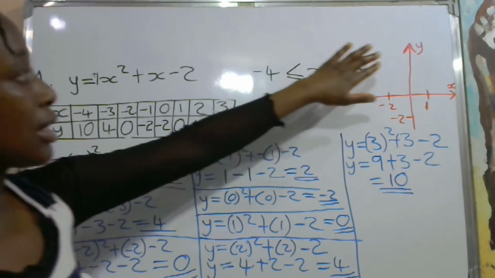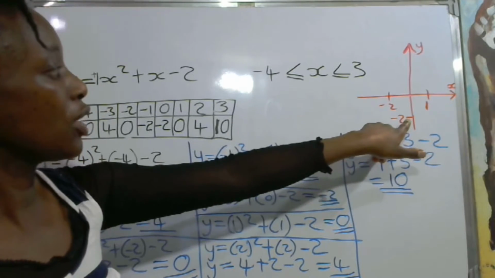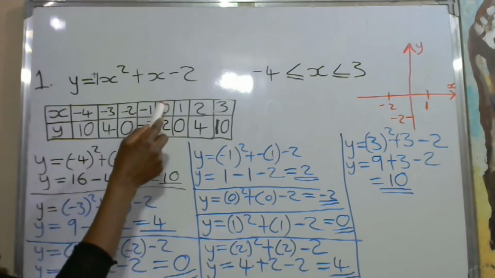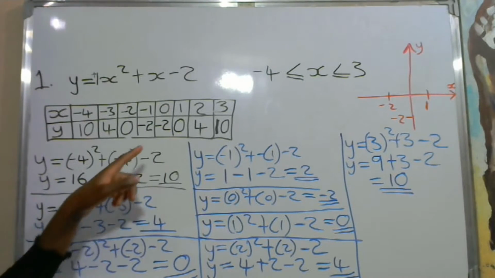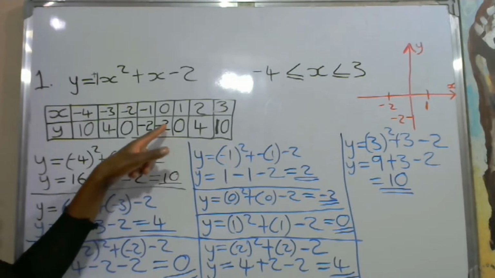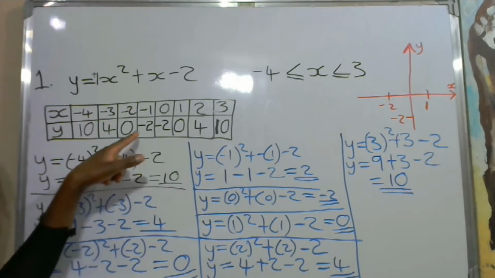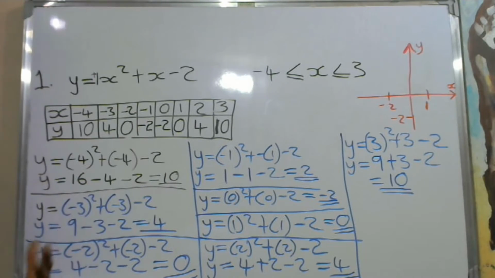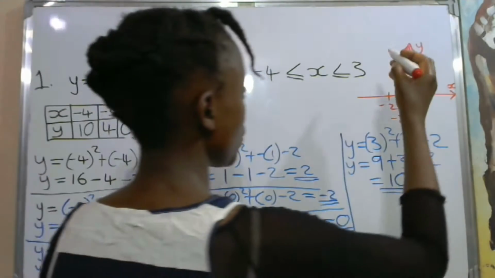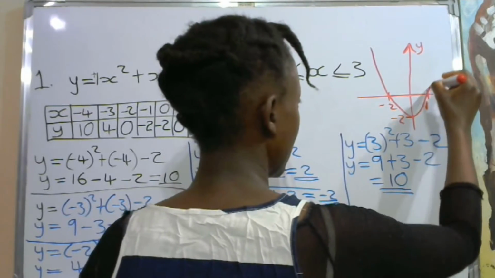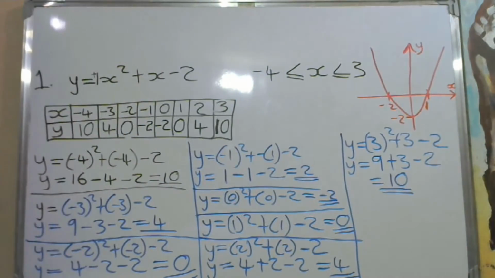And it's cutting the y-axis when the value of x is 0. These 2 points are where our graph is cutting the x-axis. Because we know it's a smiling graph, roughly we'll know how it will go.